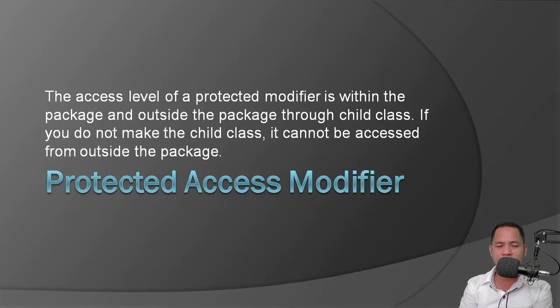So if, for example, you have class A, you can define class B based on class A. In that case, class A is a parent class and class B is the child class, because class B is based on class A. And so that is the relationship between a child class and a parent class. So the protected access modifier allows you to give access to class members to the child classes of a class.